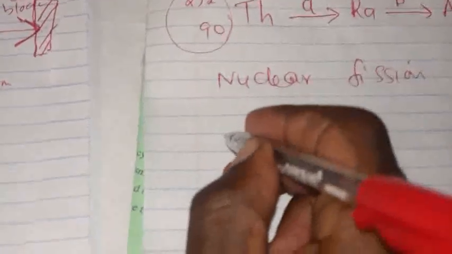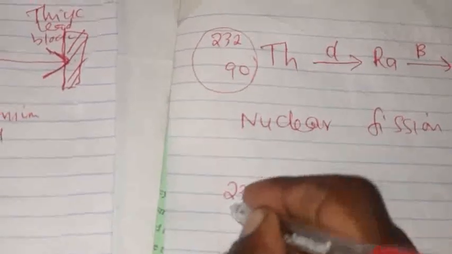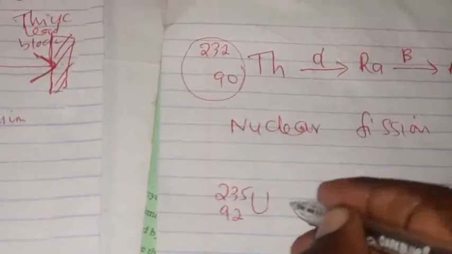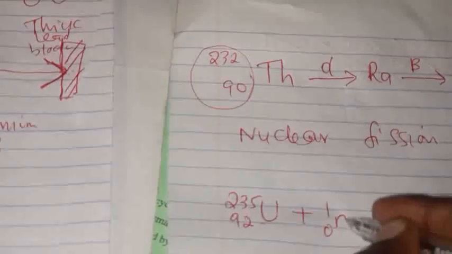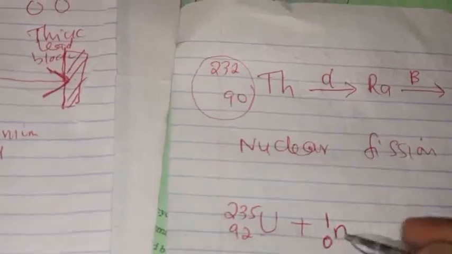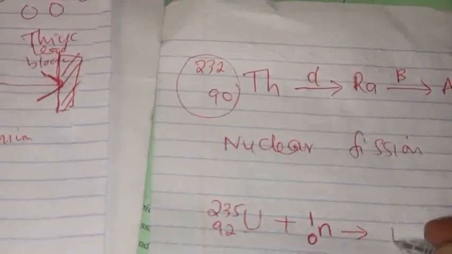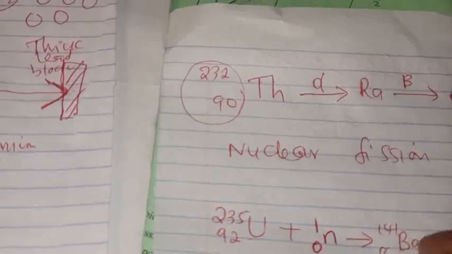Let me give you this example. Say you have uranium with the mass number 235 and the atomic number 92. This radioactive nuclide is getting bombarded by a fast-moving neutron, a neutron with a mass number of 1 and atomic number 0. What happens? It splits to give us barium with mass number 141 and atomic number 56.